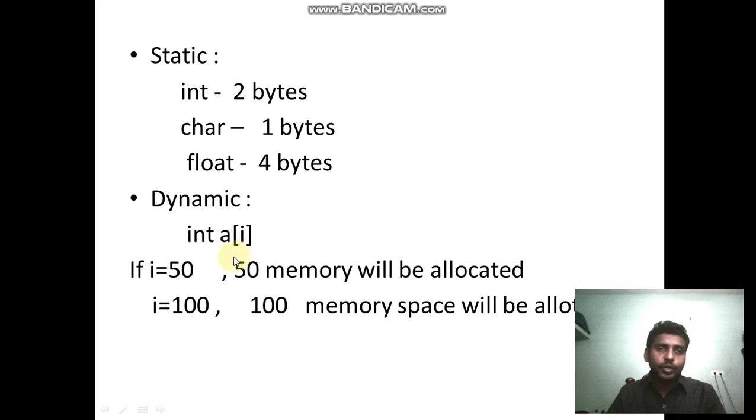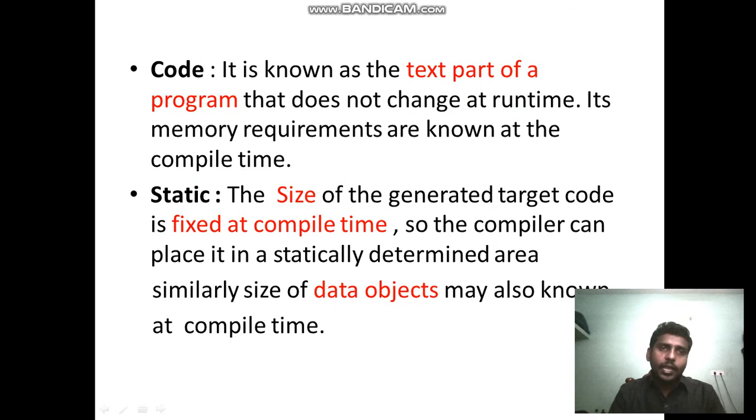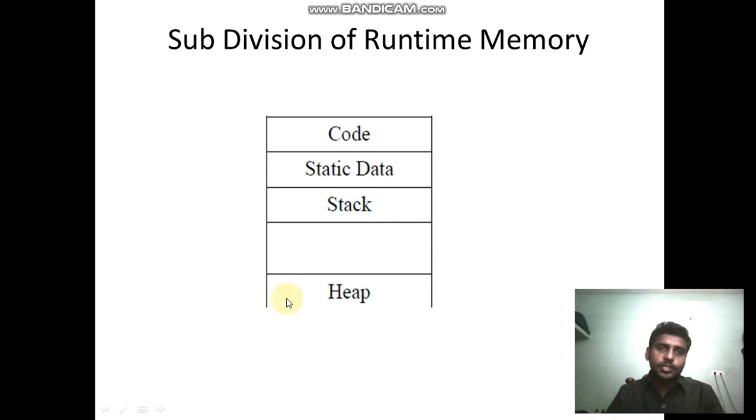For example, during execution, if I give i equal to 50, 50 memory spaces will be allocated for this particular a, and if I give i equal to 100, 100 memory spaces will be allocated. So this i value should be known during runtime. That is the use of the stack area as well as the heap area. During runtime the memory will be allocated in the stack area as well as the heap area.